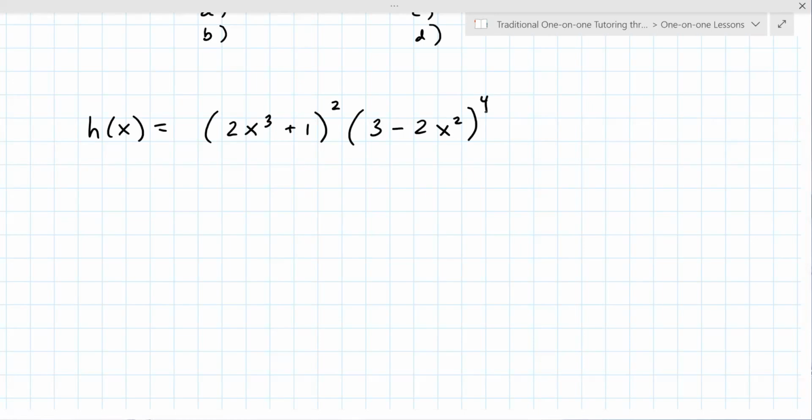So keep the first. So you keep the first and then do the derivative of the second, but then for the chain rule part, which one do you use?